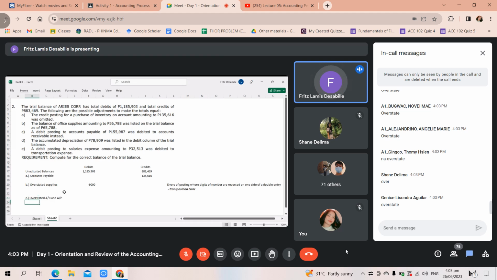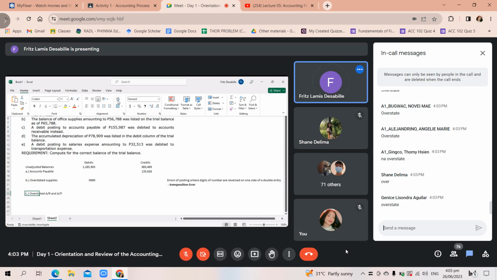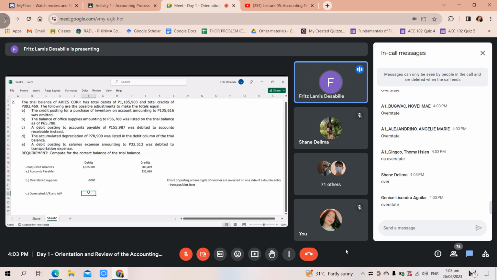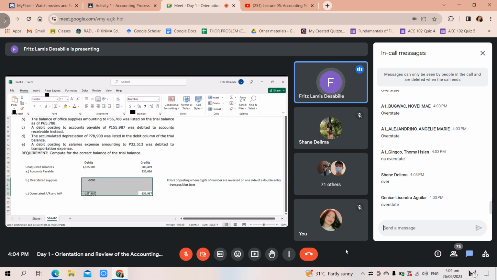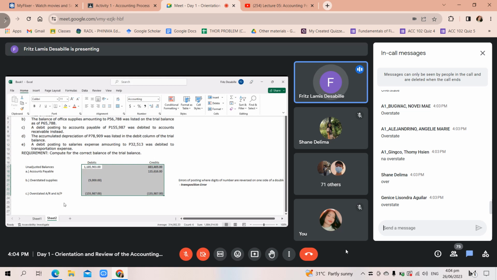Actually atong debits and credit na overstate. Na overstate si AR kay instead nga buhinan nato ang AP, nagdungag tag AR. Nya si AP na overstate sad kay instead nga buhinan nato siya, wala lang. Di ba? So himuon nato sa tong debit o sa tong credit, minusan nato og 155 ang debit og ang credit. So in effect, again, balance ang gyapon siya. However, ang totals nato sayo. So we have to take out, however, the two corrections would neutralize each other.